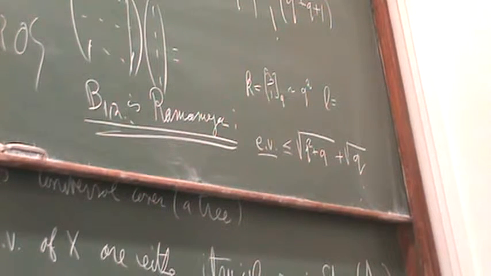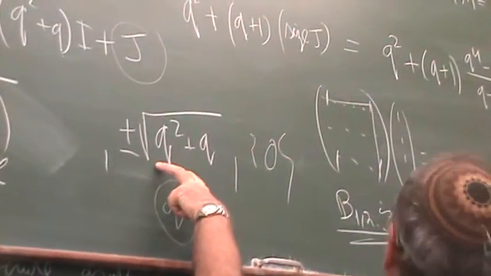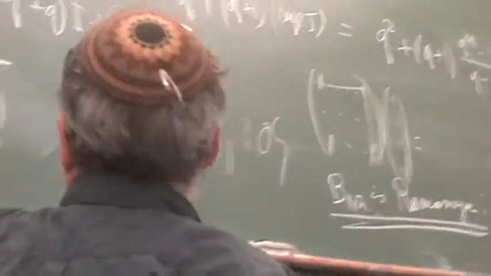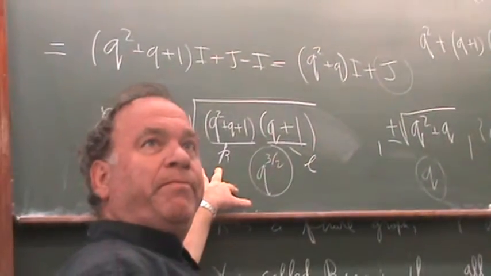And the eigenvalues are the square root of this, which is less than that, and 0. So this is fine, and this is the trivial eigenvalue. So they are Ramanujan.